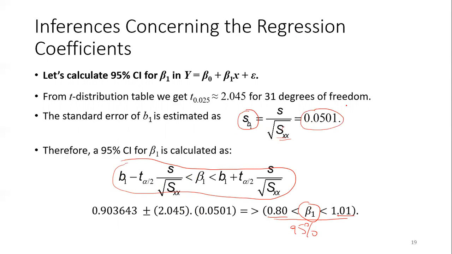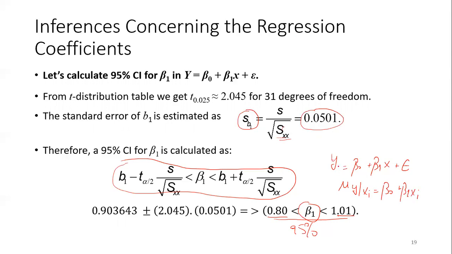Okay? So remember, what does this mean? I have something like this: Y is equal to beta 0 plus beta 1 x plus epsilon, or I have mu of y given xi equal to beta 0 plus beta 1 xi.